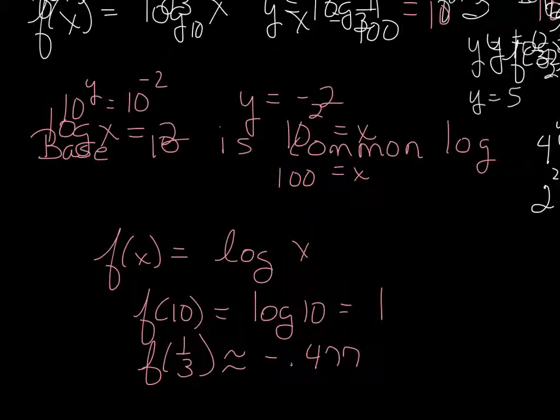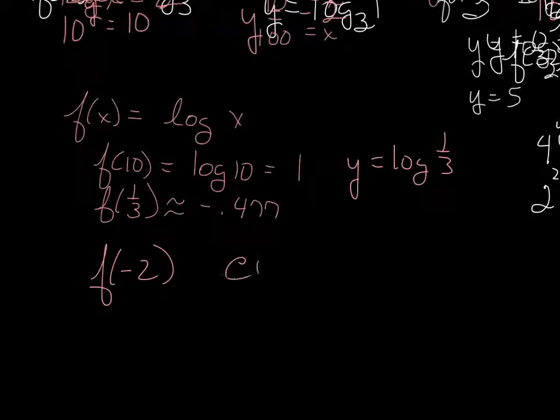That's what your x is, so the log of 1/3. Here you get an error on your calculator because when we define logs, we said x has to be greater than 0. Right, so you get an error, that means it does not exist. You can put DNE for does not exist or no solution.